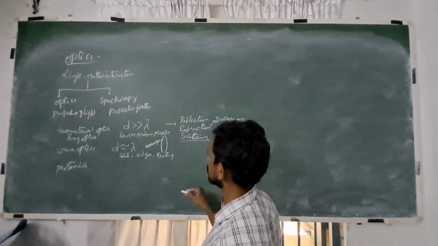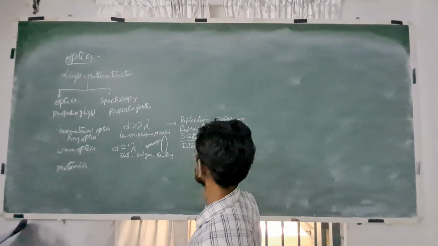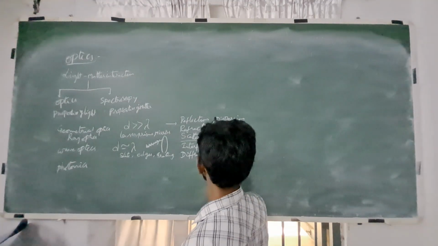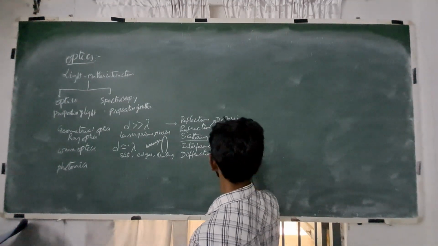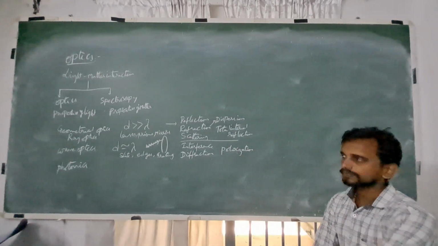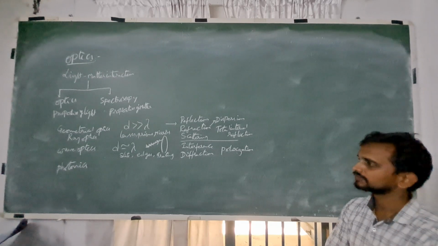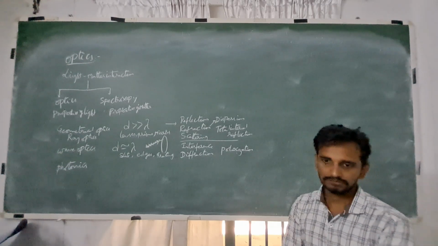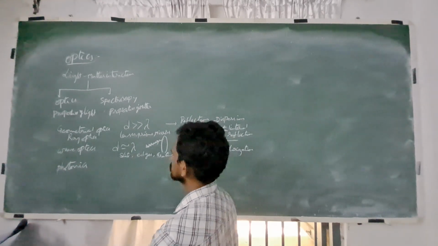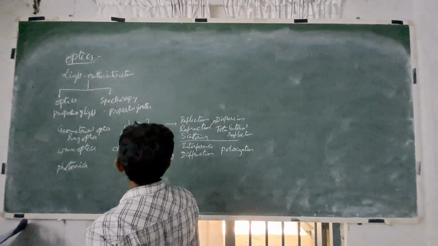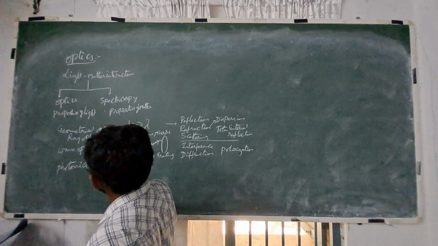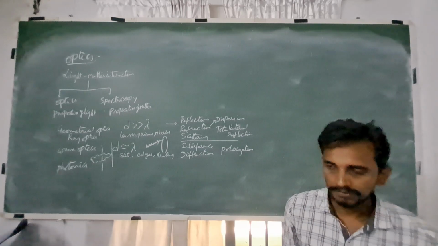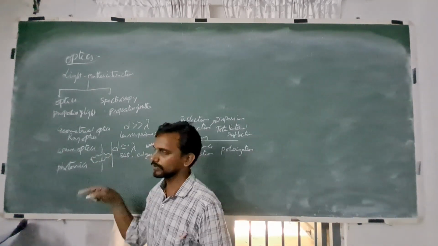The properties we study here are interference, diffraction, polarization. Here the wave nature of light matters because the size of the obstacle is comparable to the wavelength of the light.